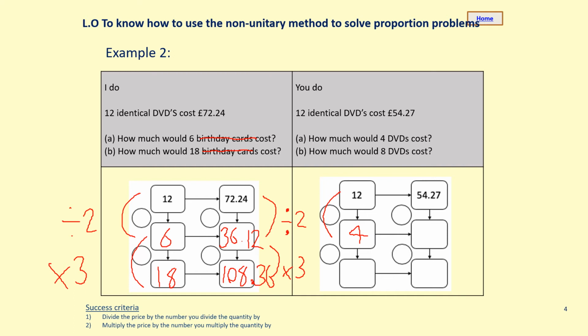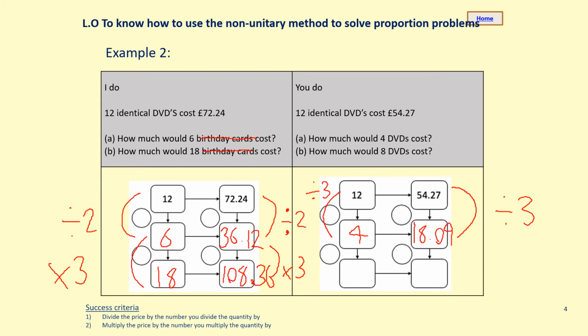And we divide by 3, because 4 is a third of 12. So a third of the amount of DVDs are going to be a third of the price. So divide that price by 3. £54.27 divided by 3 gives me £18.09.